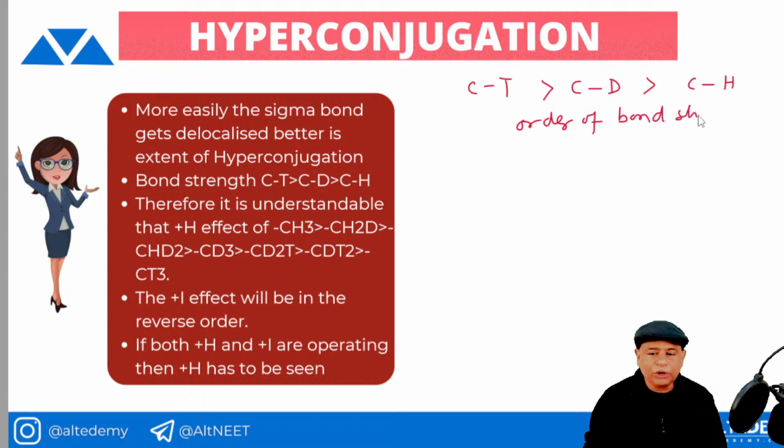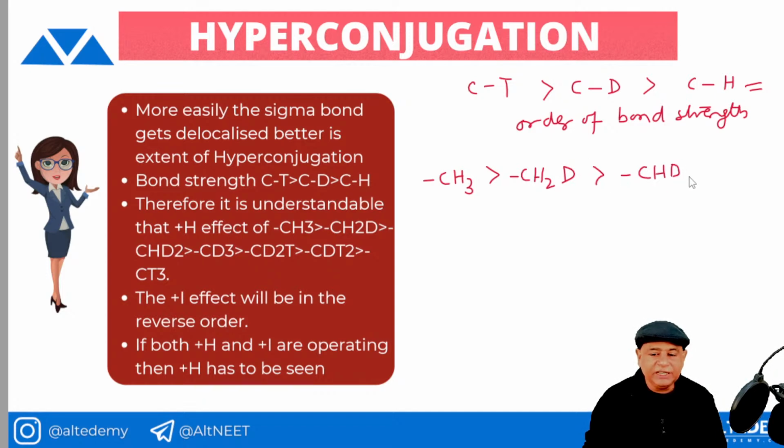If this is the order of bond strength and we are saying more easily the sigma bond gets delocalized, then it is easily understandable that when there is a situation of CH3, the bonds will be easily delocalized. And as a general rule, the extent of plus H or hyperconjugation can be seen with CH3 maximum, CH2D, then comes CHD2.